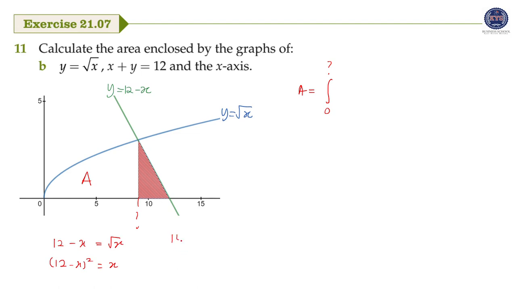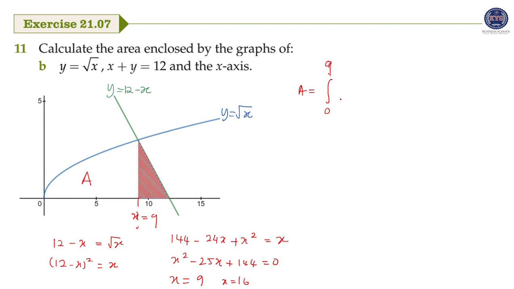Therefore, you will have 144 minus 24x plus x squared equals x. Simplify further, you will have x squared minus 25x plus 144 equals 0. So you will get x equals 9, x equals 16. Therefore here will be 9. So the limit for area A should be from 0 to 9.